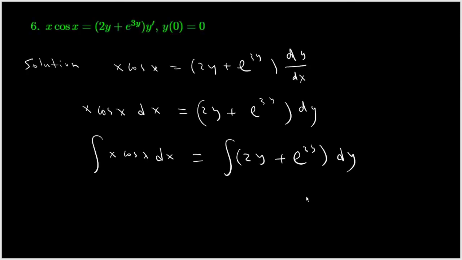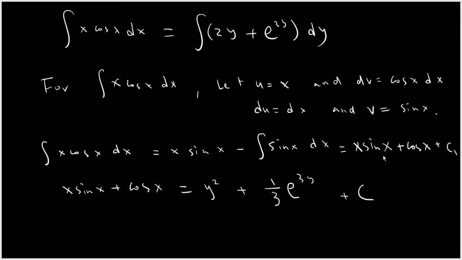Lastly, we have to determine the constant, right? To determine the constant, we use that the value of y is equal to 0 when x is 0. We're going to use that to determine the value of c.